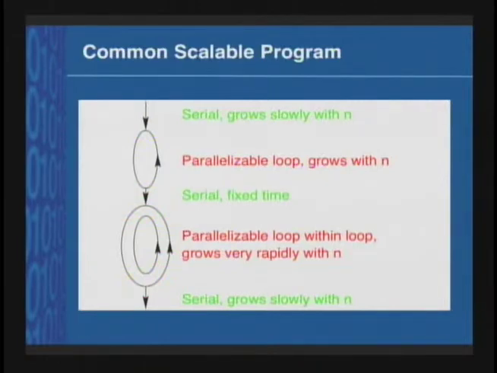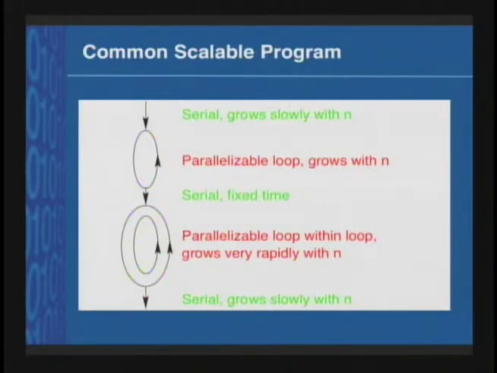You've got to initialize some things and so on. That's going to be serial. Then most code has loops in it. You're looping over data, over the finite elements, over time.